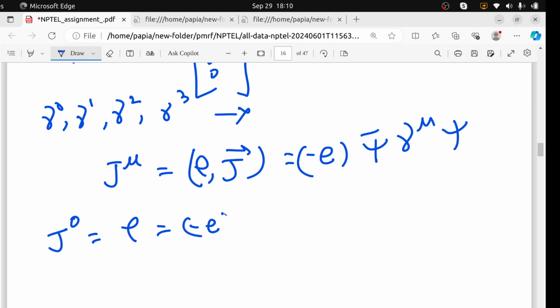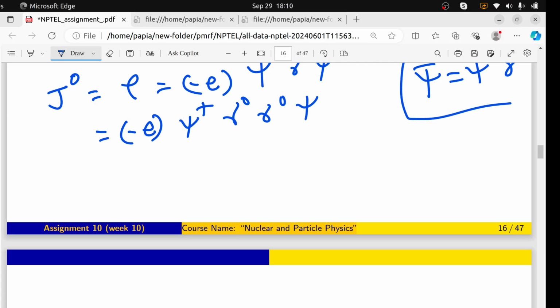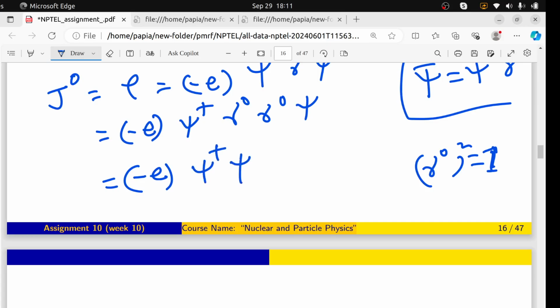So minus E, psi bar, gamma 0, psi. Psi bar I can write as psi dagger gamma 0. So it will be psi dagger, gamma 0, gamma 0, psi. Now from the Dirac equation, gamma 0 squared is the identity matrix.